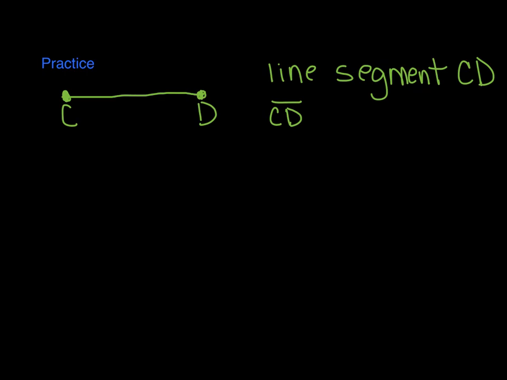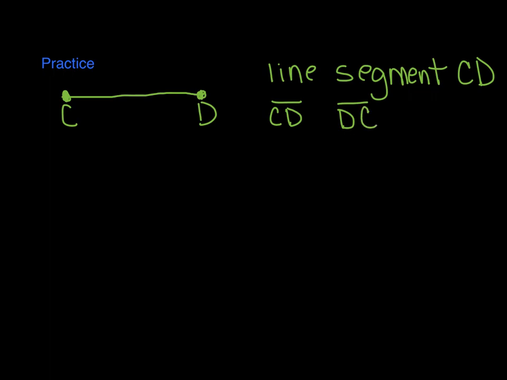That says the same thing as the first one. The symbol means line segment CD. Now, can we flip that around and call that line segment DC? And the answer would be yes.